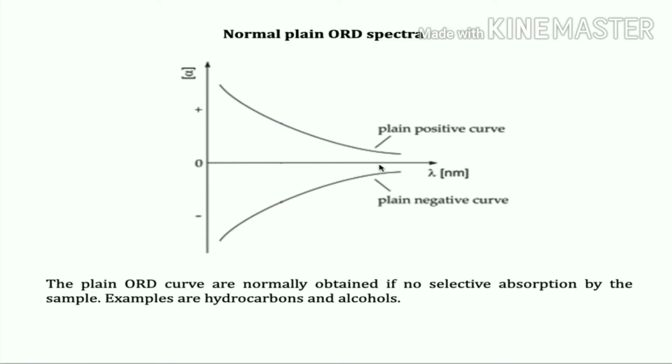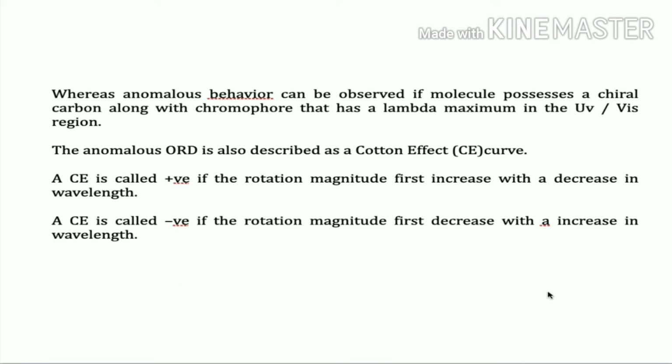So this normal plain ORD spectrum is obtained where there is no selective absorption, means no such chromophore is present. If there is a chromophore, then that chromophore is going to influence and form anomalous behavior. So that anomalous behavior can be observed if there is a chiral carbon along with the chromophore, and that effect is called the Cotton effect.